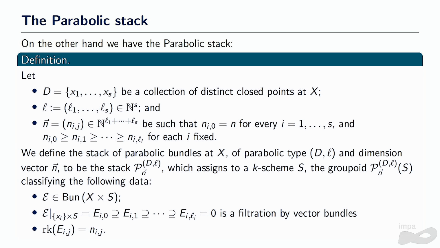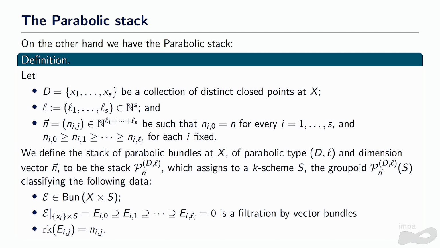Okay, this is the definition of the parabolic stack. Take a K-scheme S, send it to a vector bundle, and to a collection of flags of vector bundles for each point on the curve.